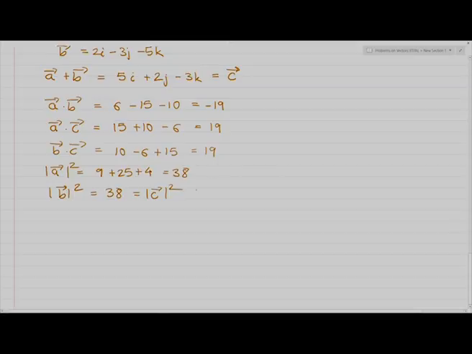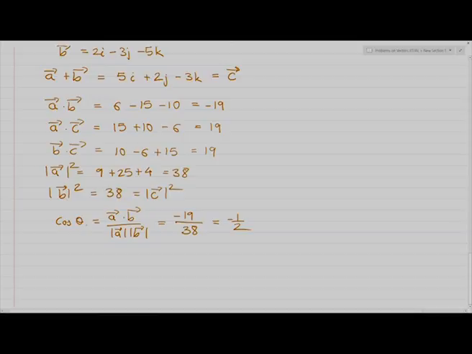So, now let us go to our dot product. If I want to find the angle between the two vectors, cos theta is A bar dot B bar upon mod of A bar into mod of B bar, or magnitude of A bar into magnitude of B bar, which is equal to minus 19 upon 38, which is equal to minus 1 by 2.